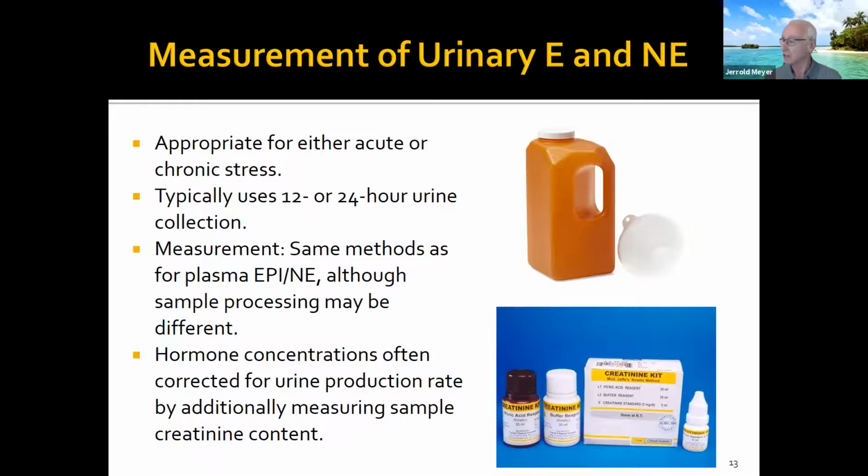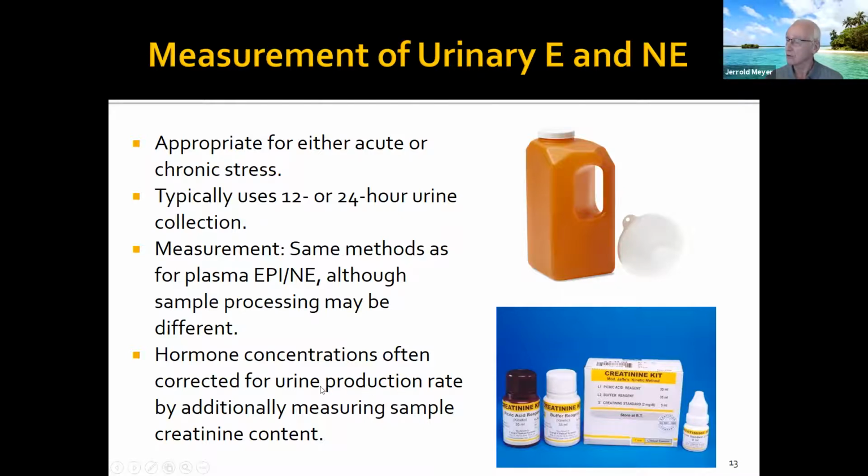So if you're just taking the urine and you're measuring whether it's cortisol or in this case epinephrine and norepinephrine, if the individual is producing a lot of urine over that 12 or 24-hour period, it's going to tend to dilute whatever amount of the hormone was excreted, and this will influence the absolute concentration that you measure. And so you need to control for that.